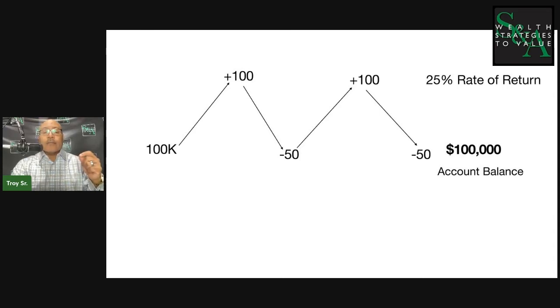Since when does 25% return, average rate of return, equal 0 actual return? So what's happened is 4 years have gone by and you've literally made no money. You're exactly the same place you were when you started 4 years prior. This, my friends, is what we call the Wall Street trick.